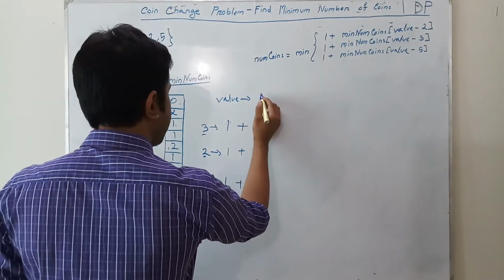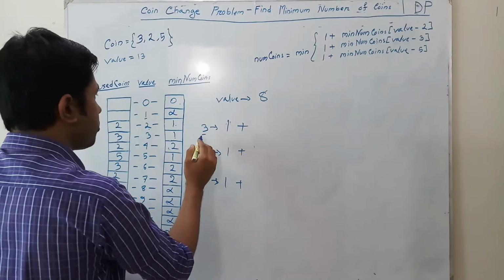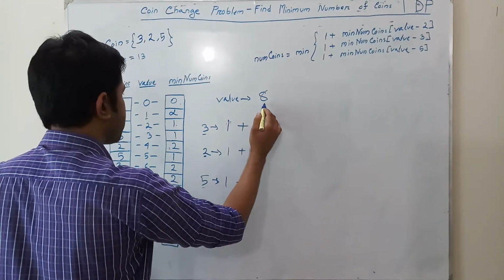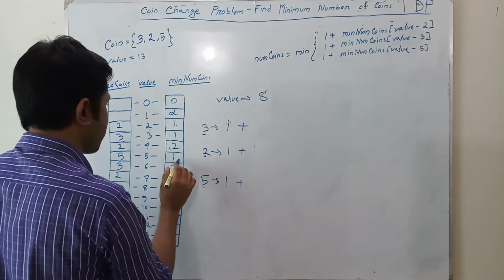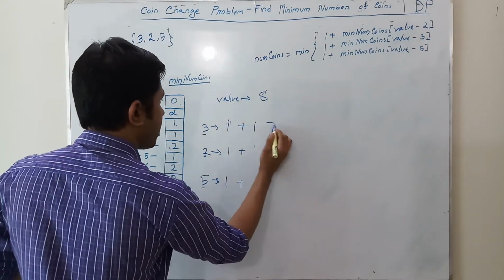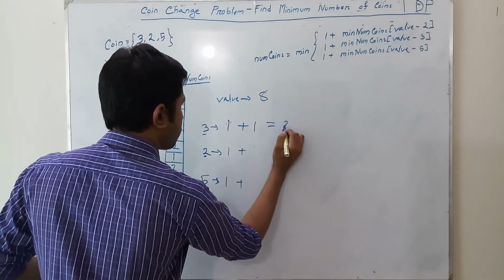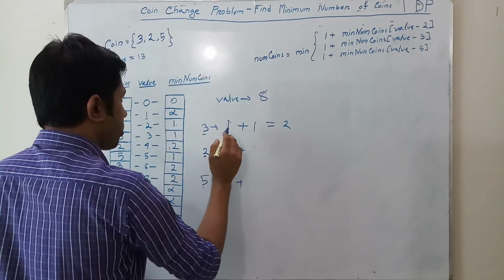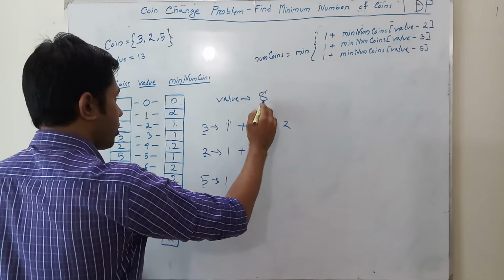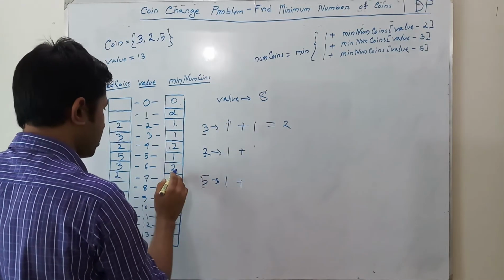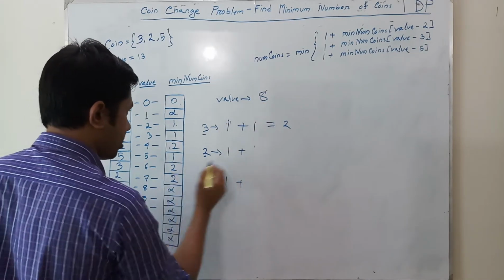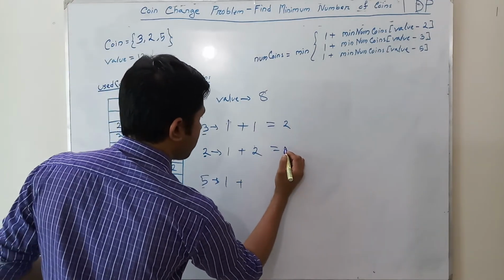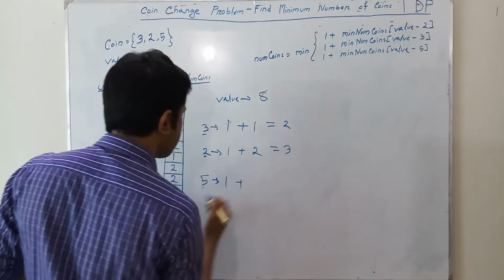So when the value is 8, after using the coin of denomination 3, we have remaining value 5, and for the 5 the minimum number of coins is 1, so here we need total number of coins 2. If we use the denomination of 2, we have remaining value 6, and for 6 the minimum number of coins we need is 2, so the total number of coins to make 8 we need here 3.